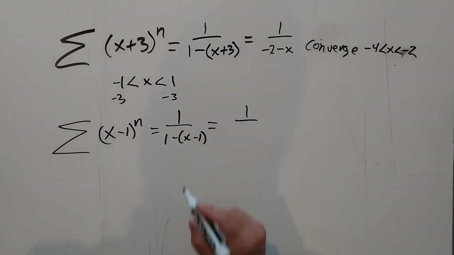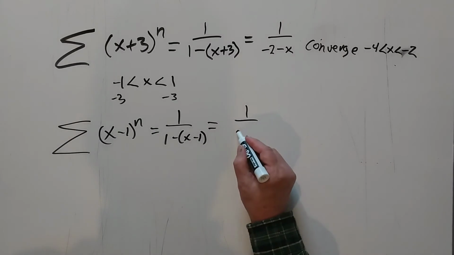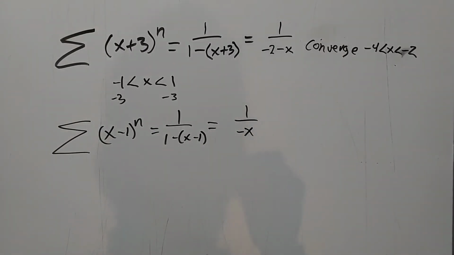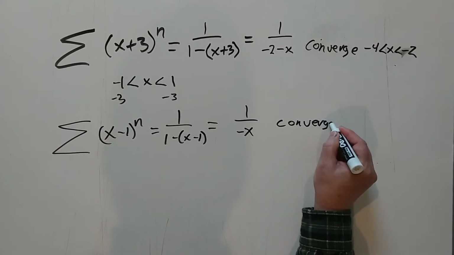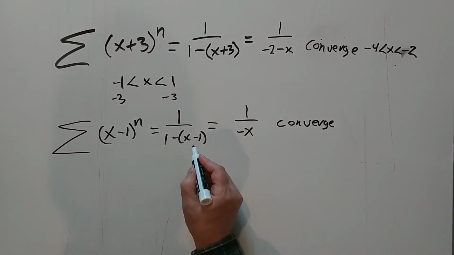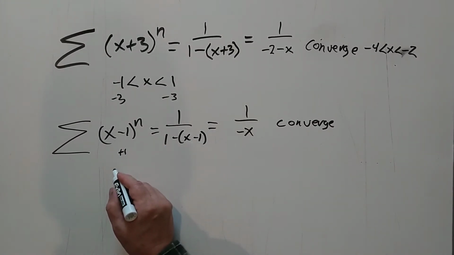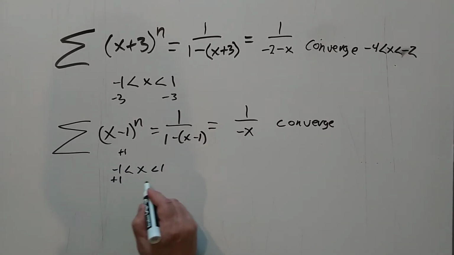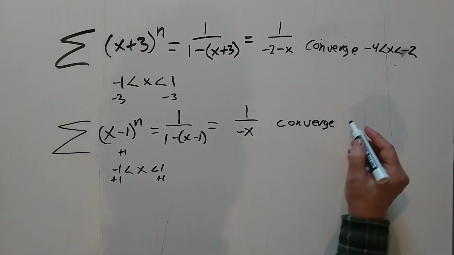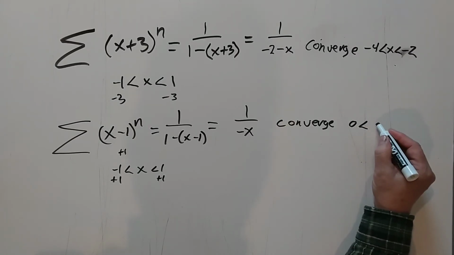Well, let's see. 1 minus 1 is 0, and negative x. This would be converging, and now the shift is plus 1. So I take my regular interval, negative 1 to positive 1, and that's going to shift by 1. So it will converge over the range from 0 to 2.